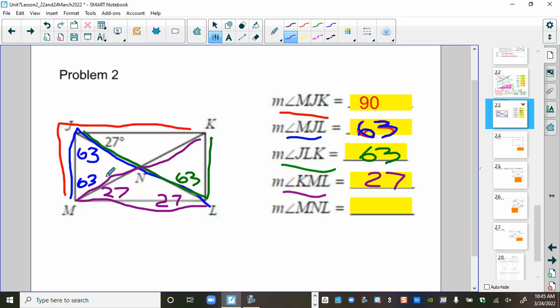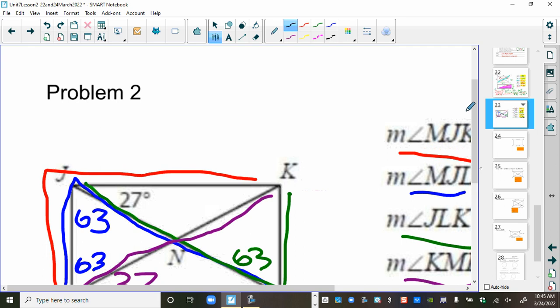Because remember, these two angles, the 27 and 27, they have to match. And then this one right here, I know how you got the 126. That's perfect. Your answers were perfect. And the reason Des got 126, because what happened was MNL, she knew, here's what we're going to do, everybody.